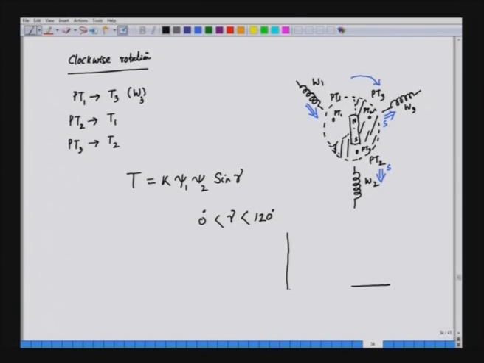So, if we see the plot of the torque, as the time progresses, we can see that torque will change in the following fashion. It is varying as a sine wave, but varying like this.